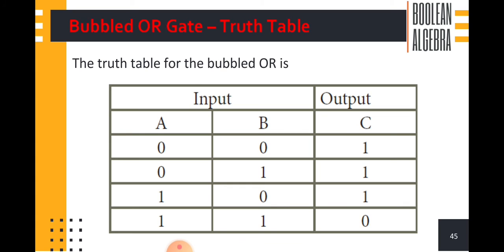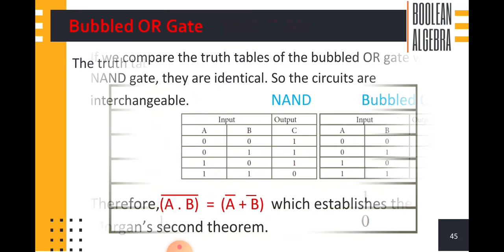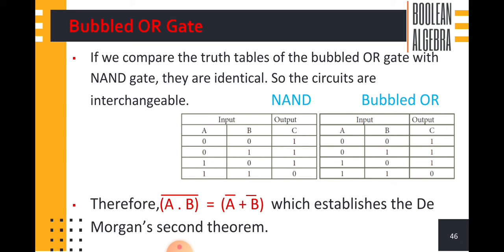This is the same for the NAND and coupled OR gate. If we compare the truth table of the coupled OR gate with the NAND gate, they are identical. So both the NAND and coupled OR gates are the same, and the circuits are interchangeable. We can use either the NAND circuit or the coupled OR; both do the same process.